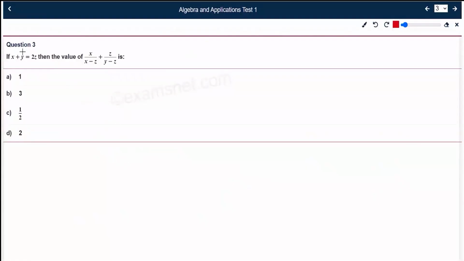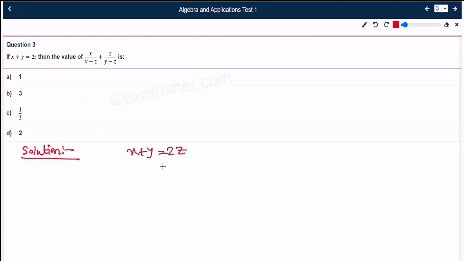We have arrived at the third question. If x plus y equals 2z, then the value of x by x minus z plus y by y minus z is? Okay, so let's start with the solution. Look, we are given the expression x plus y equals 2z.